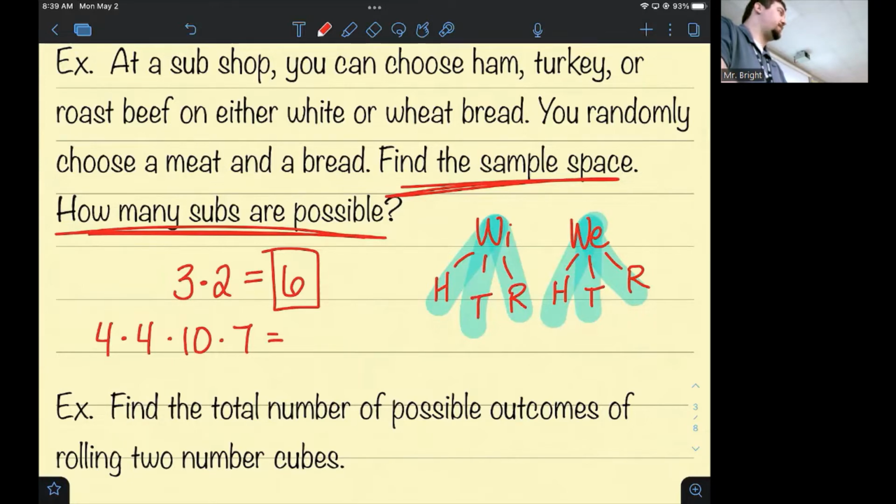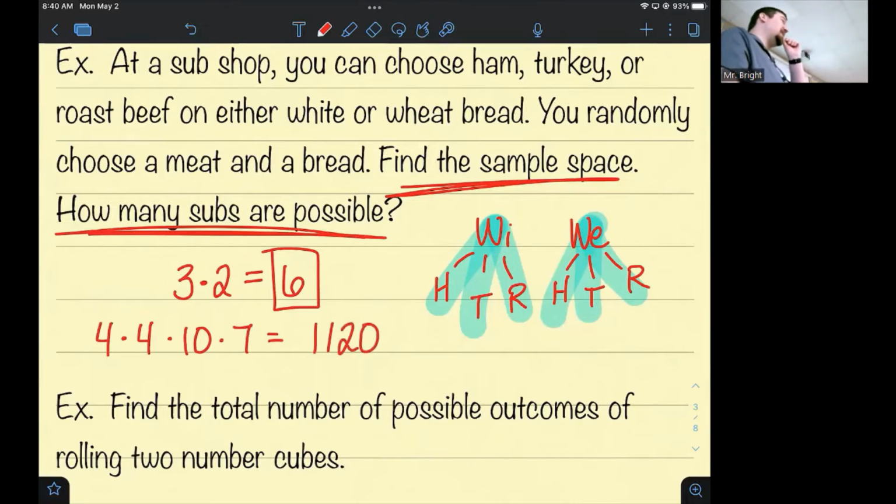Who's got it? Parker? 70? You did 10 times 7. Now times that by 4 times 4. 96. No. 1,000. 1,120?